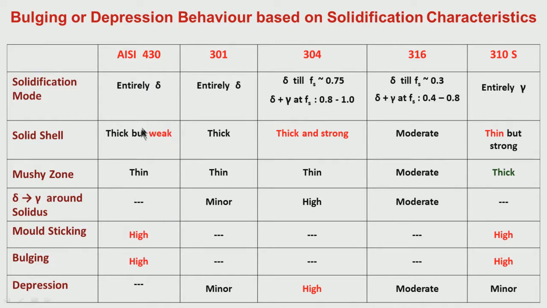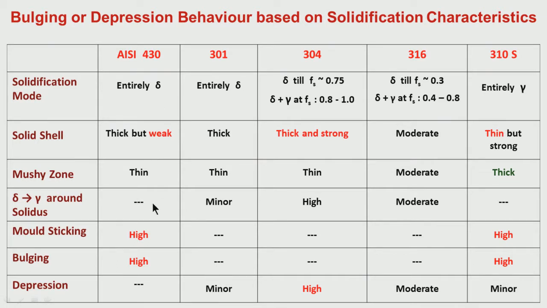So, because of the weak solid shell, which is delta, even after solidification it is delta for quite some time, delta is stable at quite a lower temperature. So, the delta to gamma transformation takes place at a much lower temperature. So, for quite a big range of temperature we have a weak solid shell because it is delta ferrite.